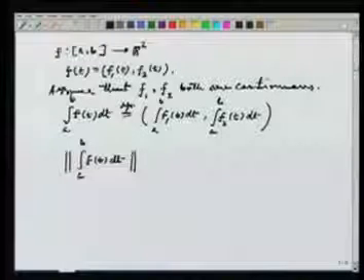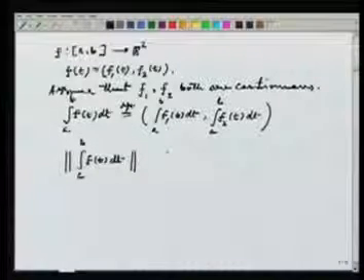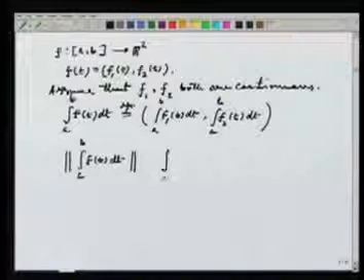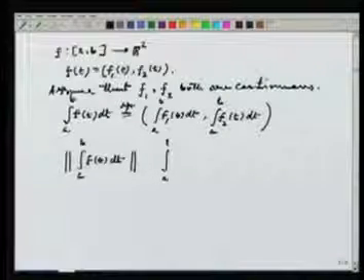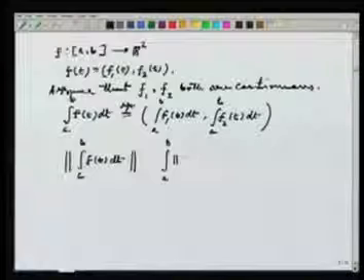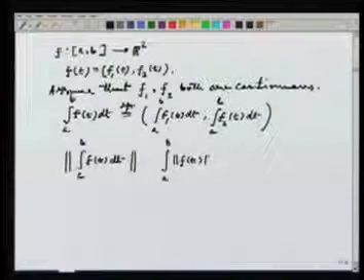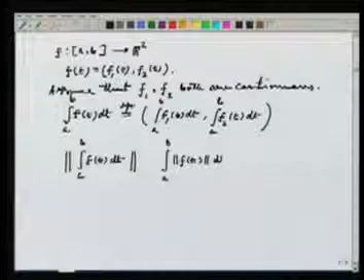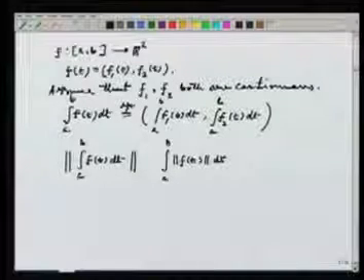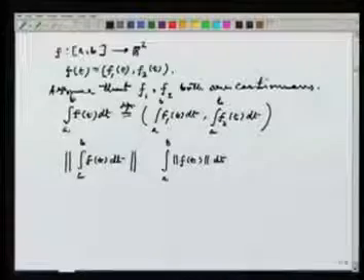At the same time, I can also talk about the integral a to b of norm f t dt, because f t is a vector, so it has a norm, and that norm now defines a function.